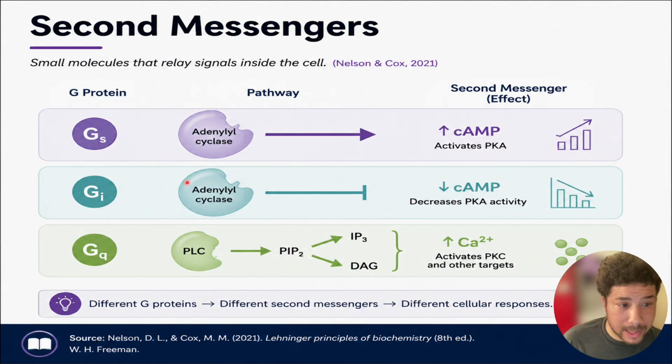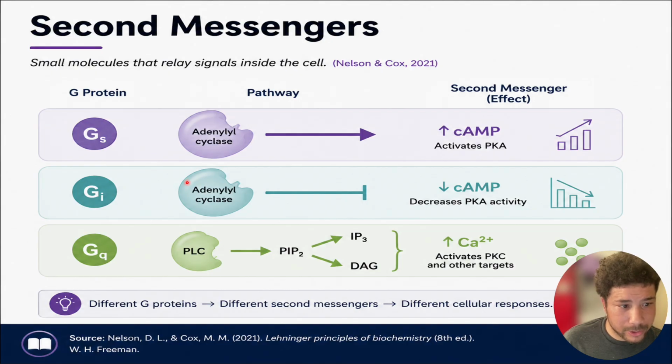It is important to recognize that Gi does not simply mean that the entire cell becomes inactive. It means that the specific signaling branch, usually adenylyl cyclase and cAMP production, is inhibited. At the same time, the beta gamma subunit released from the Gi protein can regulate ion channels or other effectors.